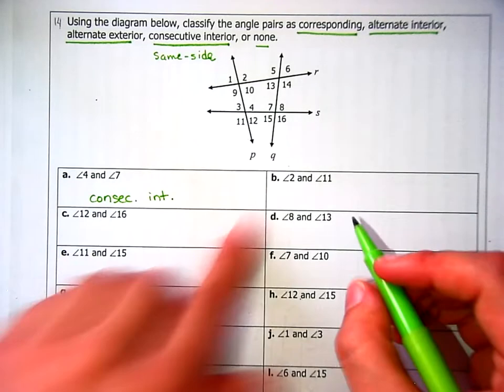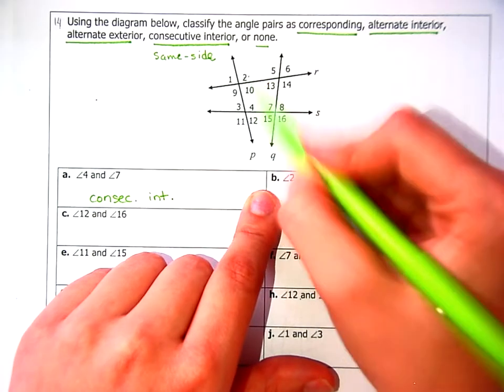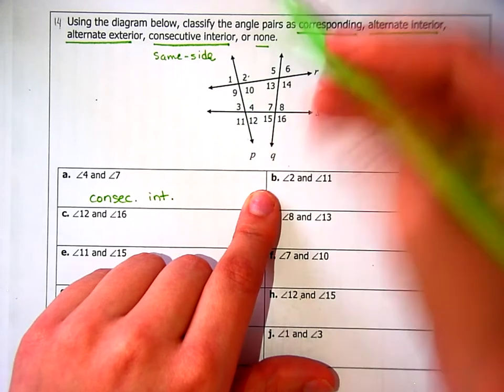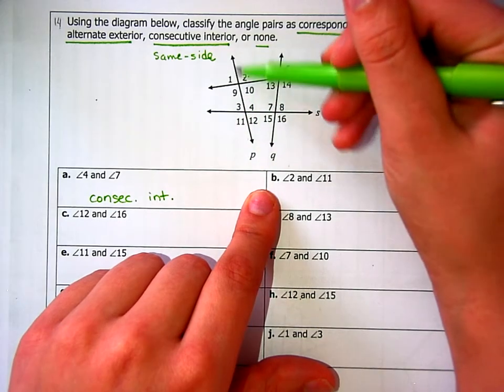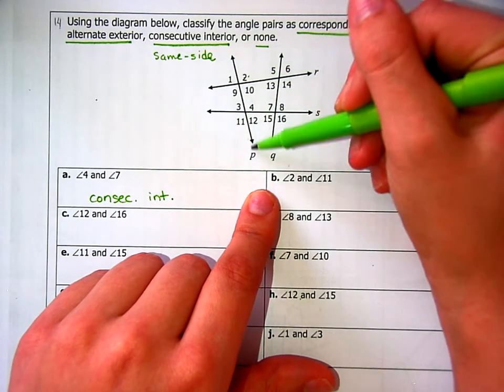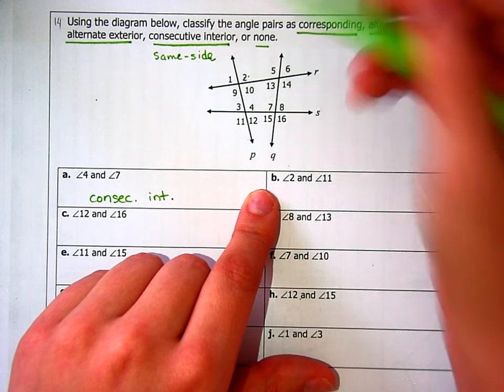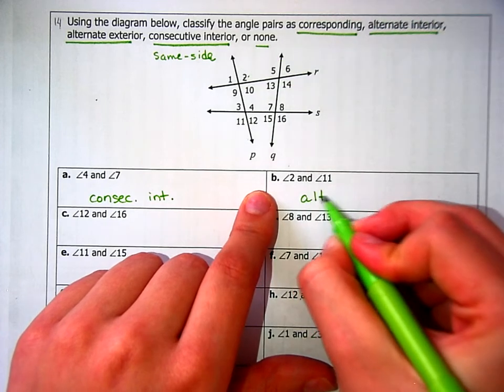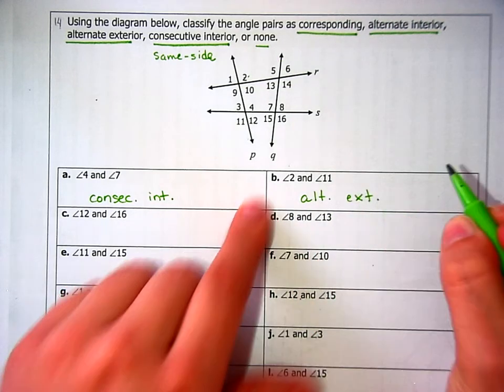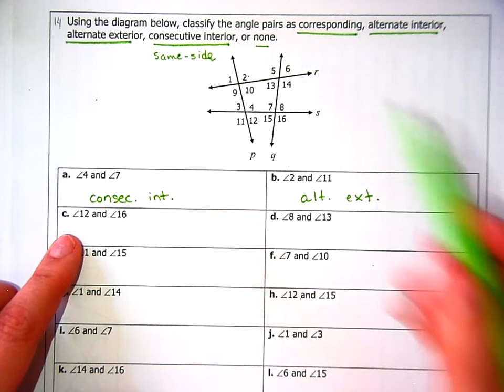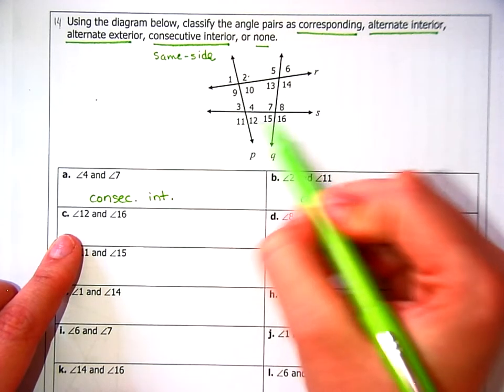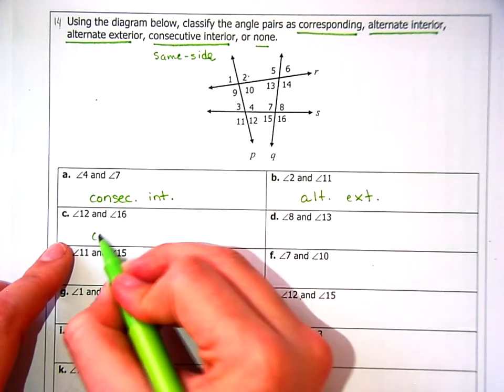All right, B, 2 and 11. Okay, so these are on the same transversal. They're on opposite sides or alternate sides, and they're on the outside. So this is going to be alternate exterior. 12 and 16. Ooh, these are corresponding angles.